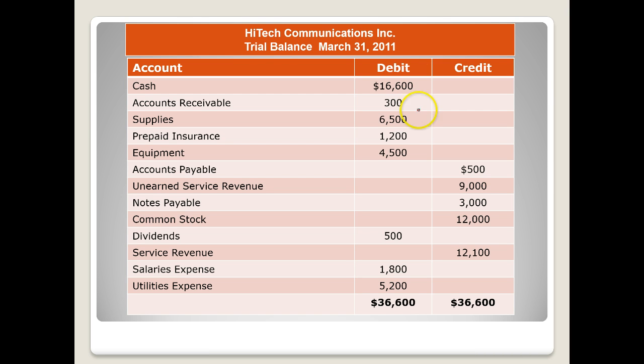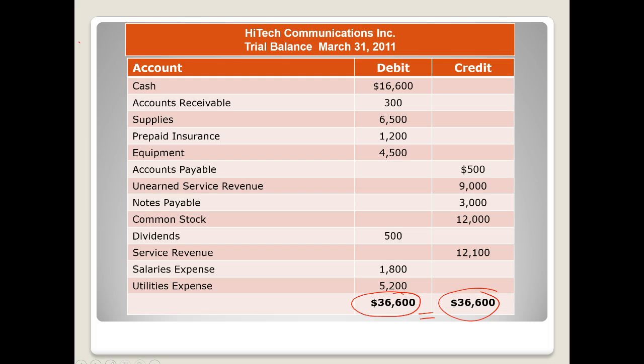If we added up all of the debit balances and then all of the credit balances, we should find that the total debits and the total credits equal each other. If they didn't, and this is why we call it a trial balance, then you would have to go back and find one of the accounts where there is an error, or maybe multiple accounts where there was an error.